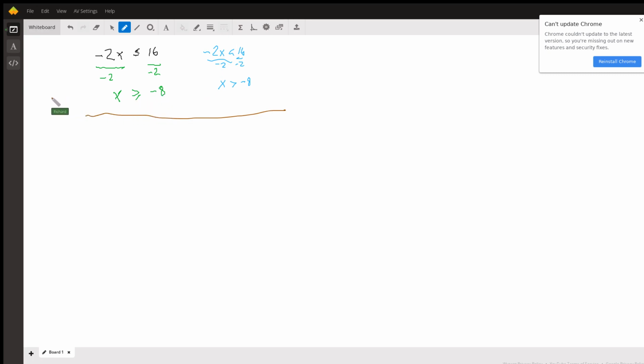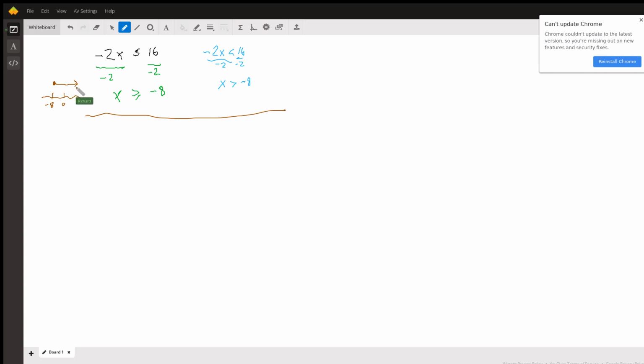You think of the number line here, we've got 0 and negative 8. And if we were to draw the solution on the number line, the solution would look like this, greater than or equal to negative 8. So I can take any value in this region and plug it in and see if it works.